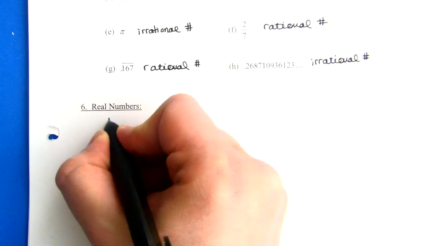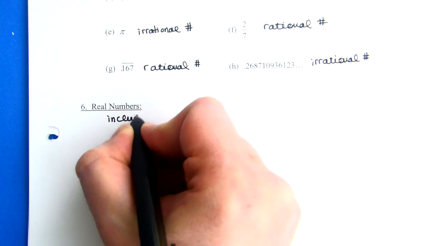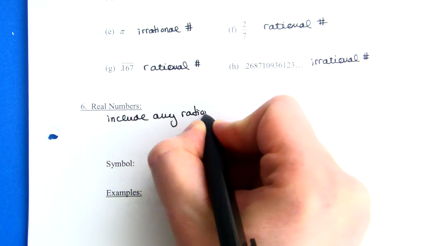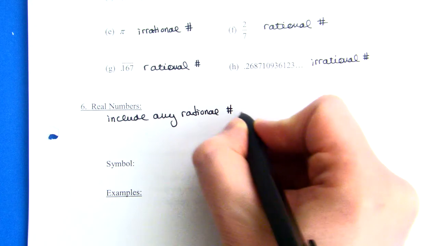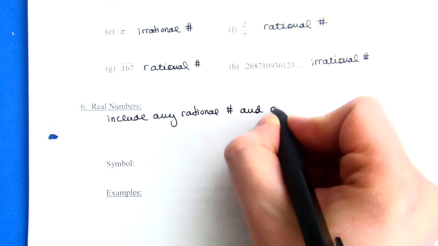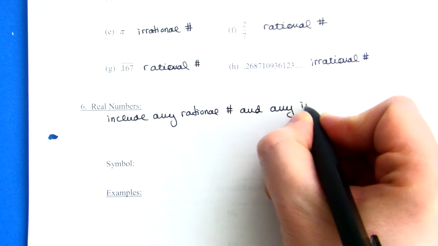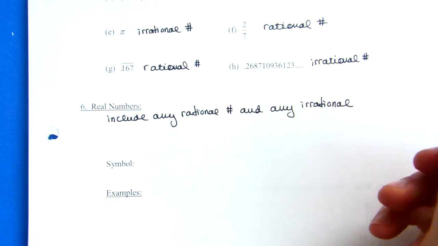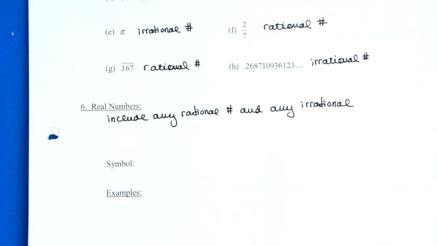The real numbers include any rational number and any irrational number. All the irrational numbers are real. All the rational numbers are real.